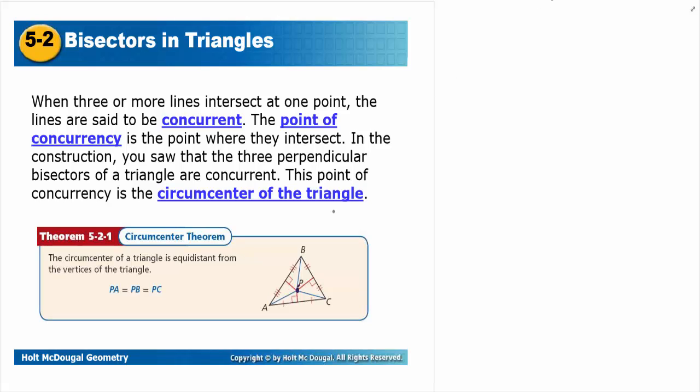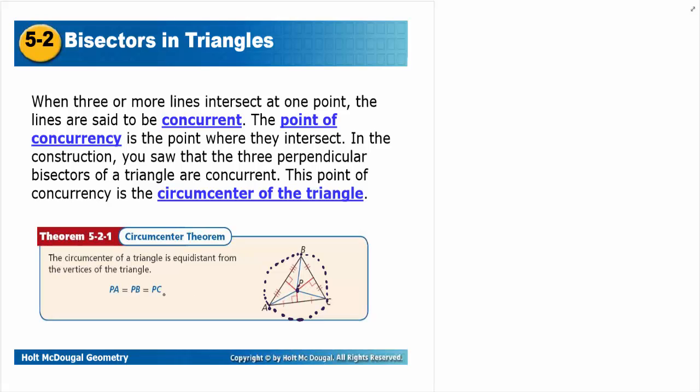So what you need to glean from this is that when we did this construction, we're able to construct a circumscribed circle using point P as the center. The property that comes from this is that PA, PB, and PC are all the radius of the circle.